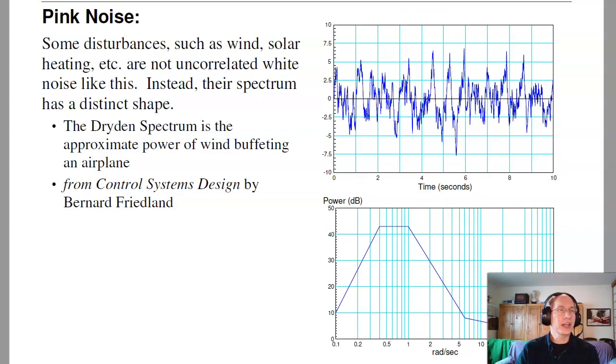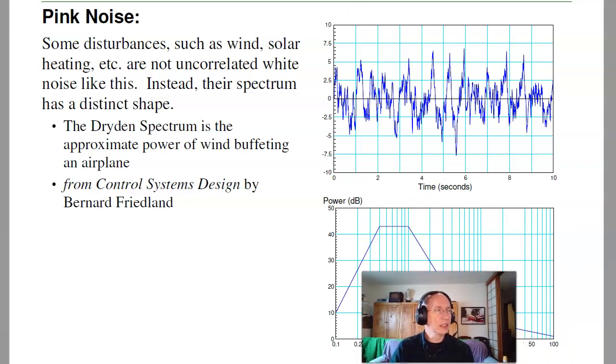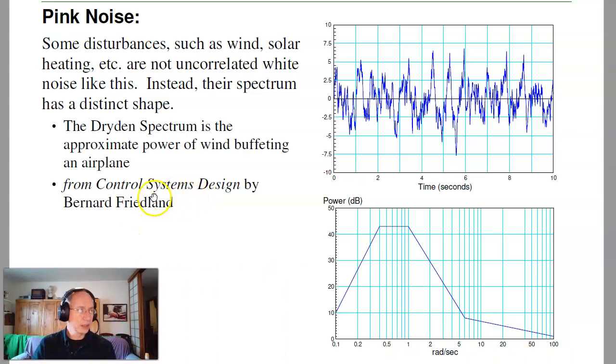In contrast, if you look at disturbances like wind, the wind right now is highly correlated with what the wind was 10 milliseconds ago. Over an hour, it might change a lot, but for a small instant, there is a strong correlation, meaning that wind is not white noise. Instead, if you look at the spectral content of wind, this is from Friedland, Control System Design. It has a thing called a Dryden spectrum.